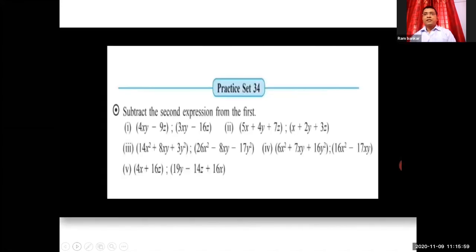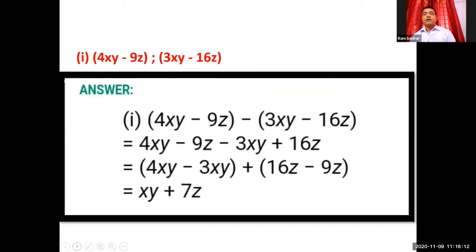Practice set 34. In this practice set, we have to solve one example and the other examples you have to solve. Look at example number 1 in the next slide. The first expression is 4xy minus 9z, a binomial. After the semicolon, the next algebraic expression is 3xy minus 16z, also a binomial.